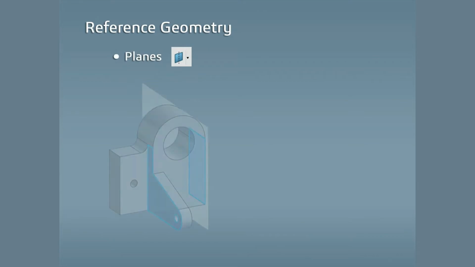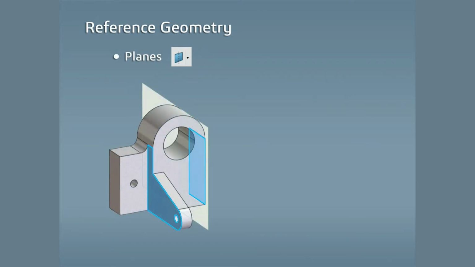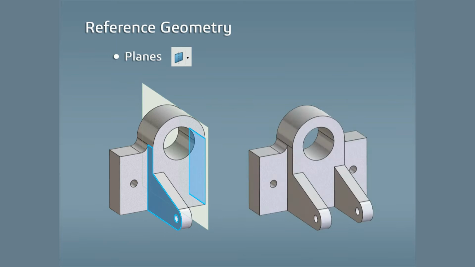Reference planes are often added when there's additional geometry needed to create a feature. For instance, when using the mirror command, the feature requires a face or plane about which to mirror the selected geometry. An existing face may not be present in the model, so creating a reference plane can accomplish this instead.